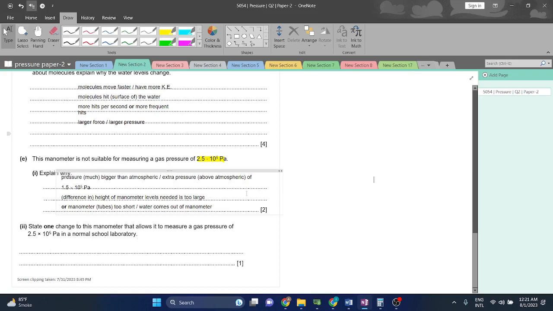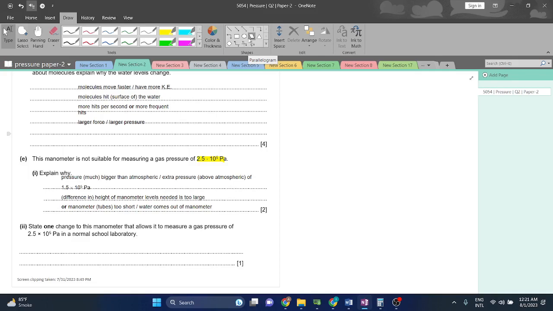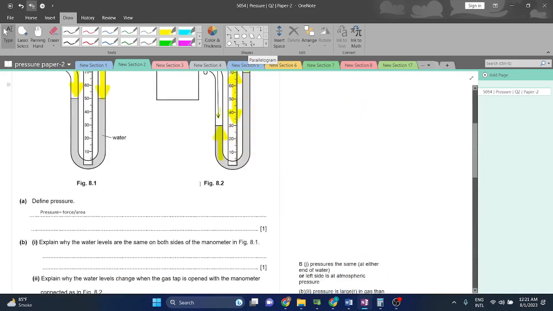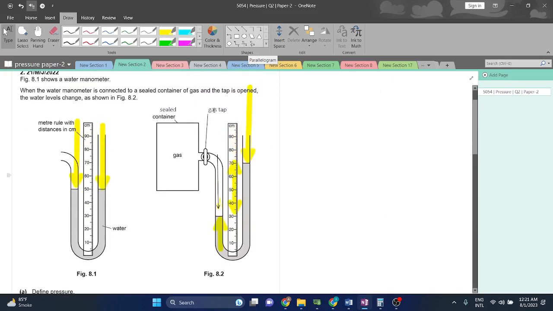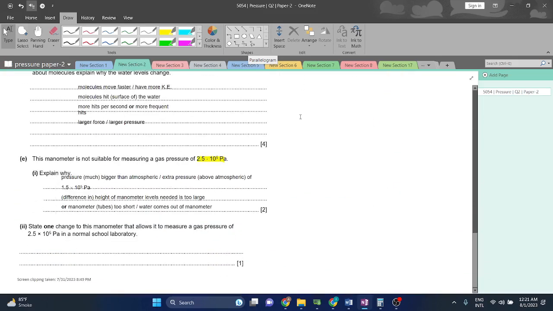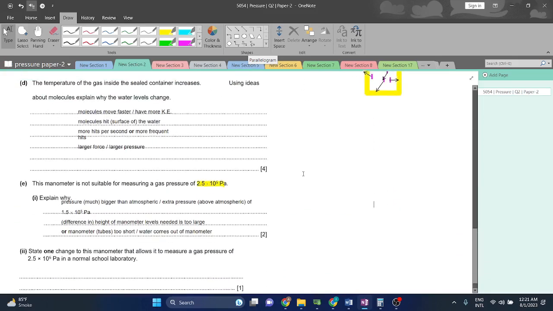State one change to this manometer that allows it to measure a gas pressure of 2.5 into 10 raised to the power of 5 pascals in a normal school laboratory. If we have to do it in a normal school laboratory, we'll need a manometer which is small in size. If the manometer is small in height, then there is another variable which can combat the pressure of the gas of 250,000 pascals, which is the density of the liquid.